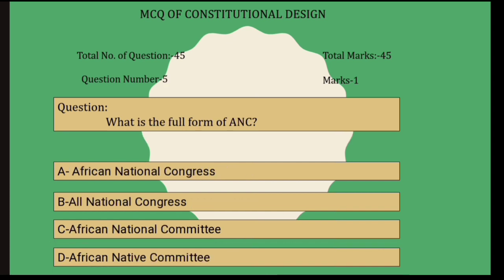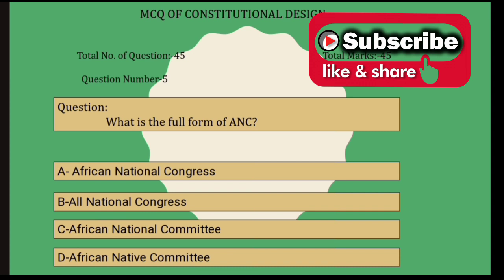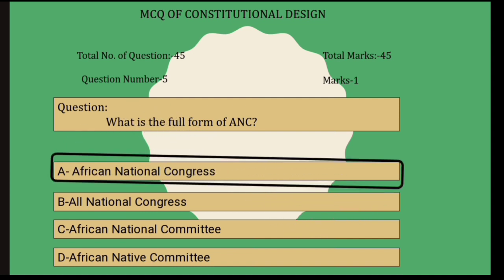Question 5. What is the full form of ANC? Option A. African National Congress. B. All National Congress. C. African National Committee. D. African Native Committee. Correct option is A. African National Congress.